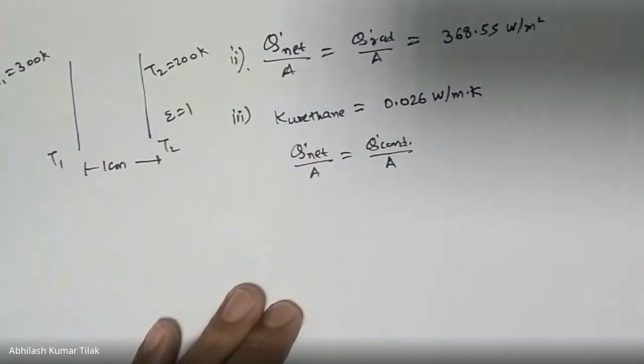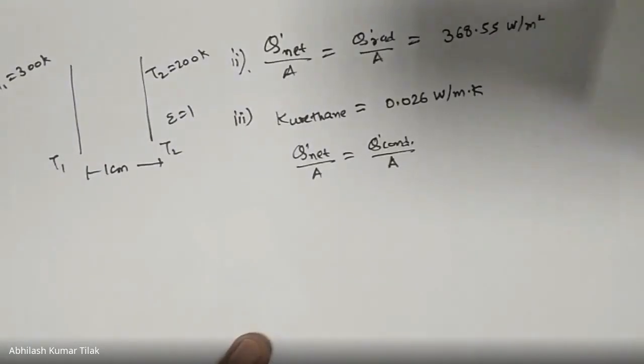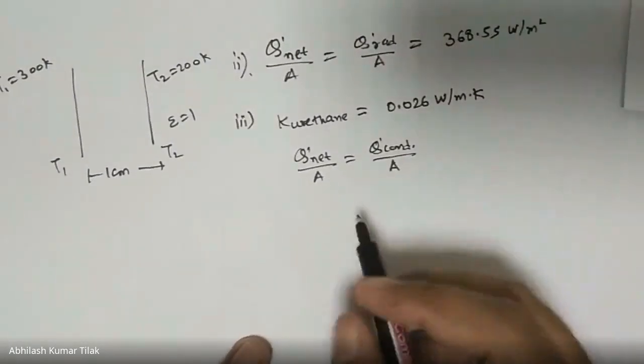Now I can have the value for Q conduction upon area. Earlier that value was 219 watt, but sorry, this insulation is different, so you have to calculate it here.